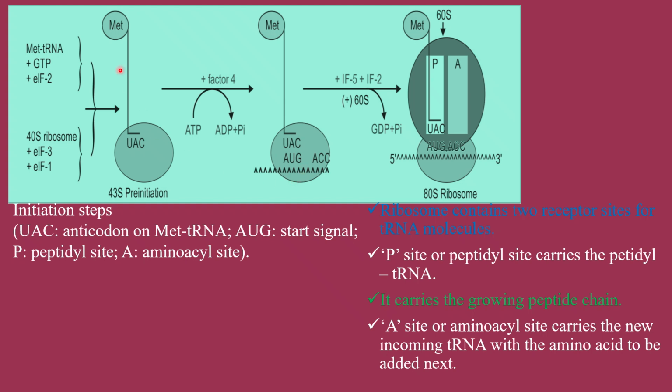So let's see here. This is the methionine transfer RNA. This is the activated amino acid with transfer RNA. Plus 1 GTP is required, and elongation factor 2 is required here. And at the same time, the 40S ribosome and factor 3 and factor 1, all these combine, and they lead to the formation of the 43S pre-initiation complex, on which there is further loading of messenger RNA.